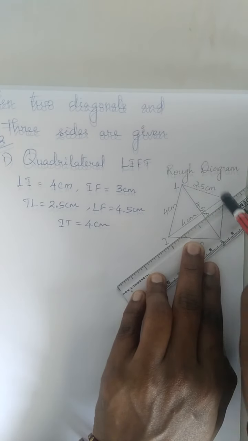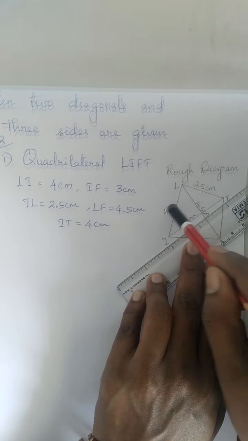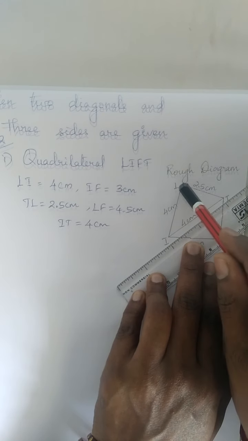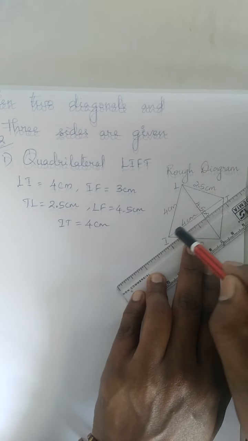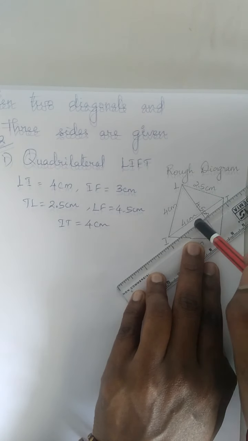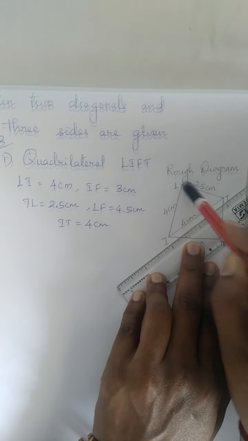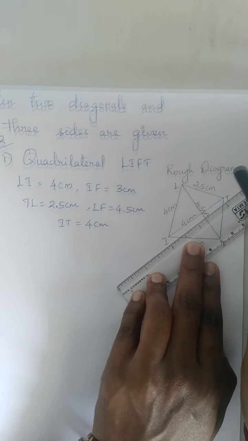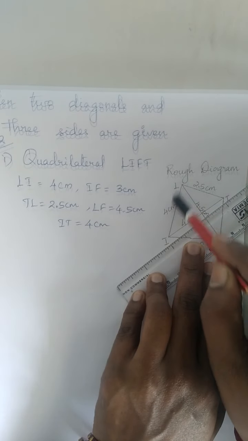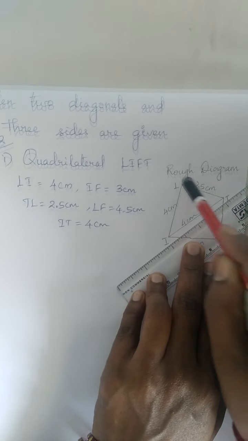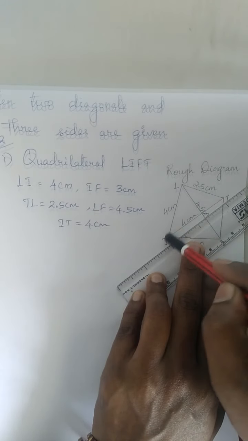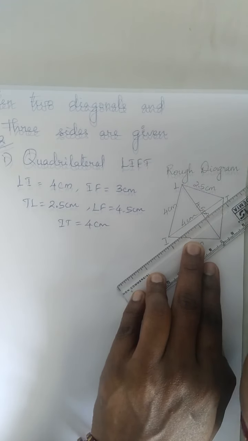To draw the triangle LIT, are you having all the three sides? Yes, LI is 4 cm, IT is 4 cm, then LT is 2.5 cm. So in triangle LIT you have all the three sides, so you can construct the triangle LIT.